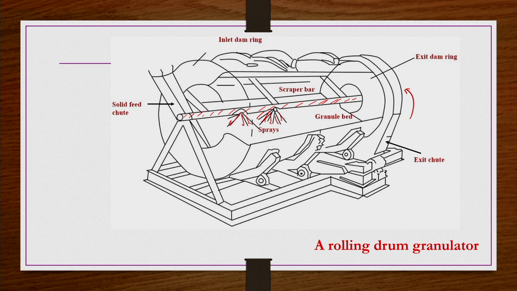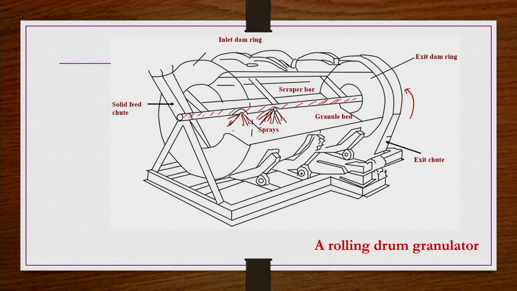When this drum rotates, the solid feed is coming continuously, and the binding solution is continuously sprayed onto those particles. They are mixed and the required granules are formed inside this cylinder. Inside this cylinder, rings or fractionators are available.